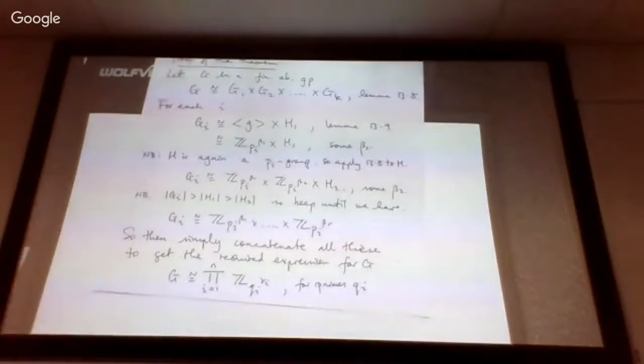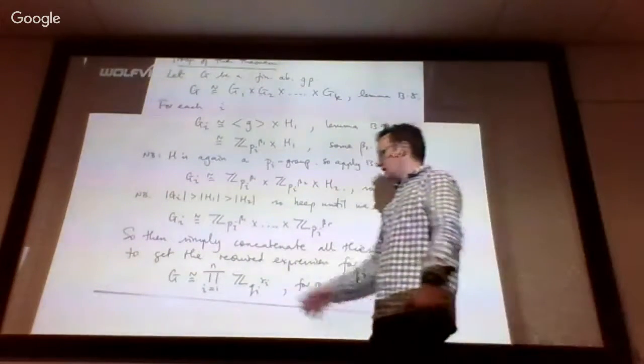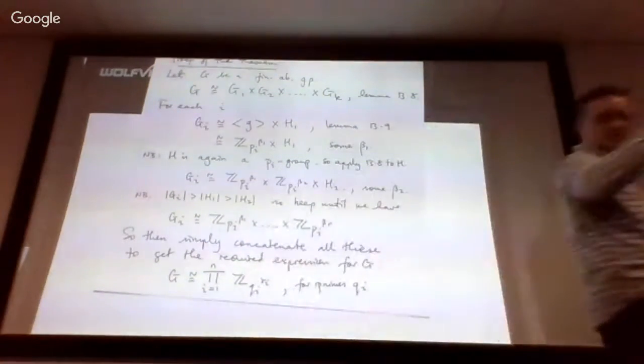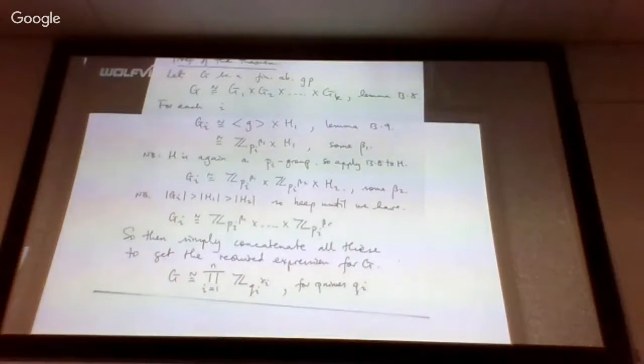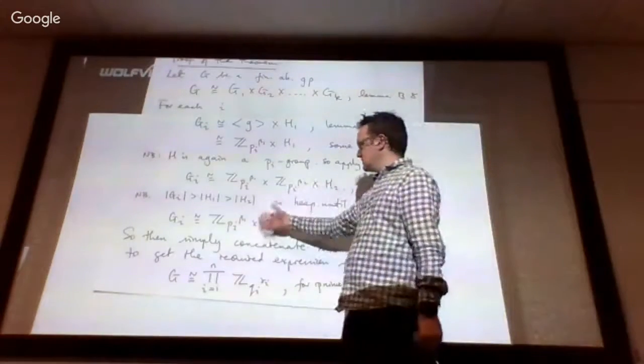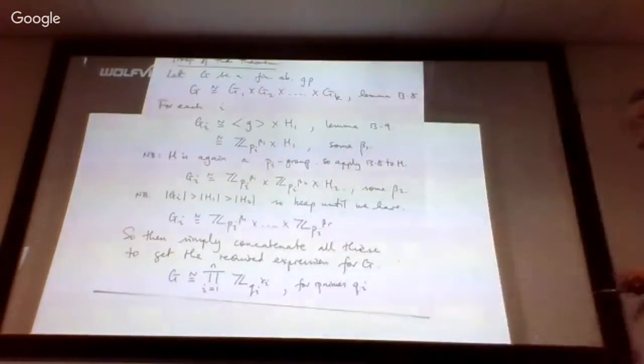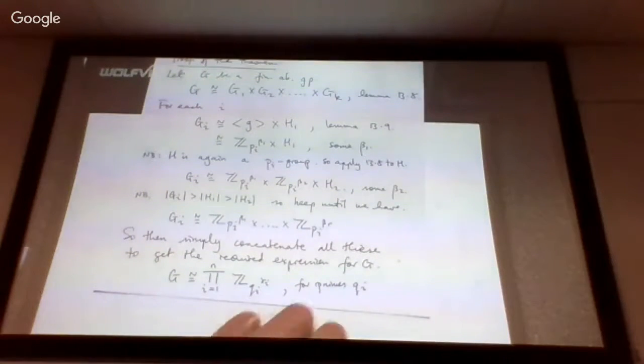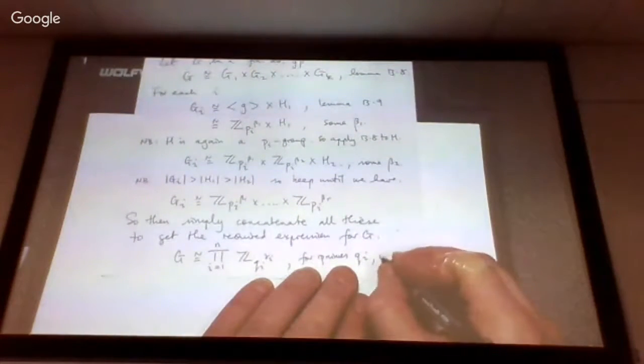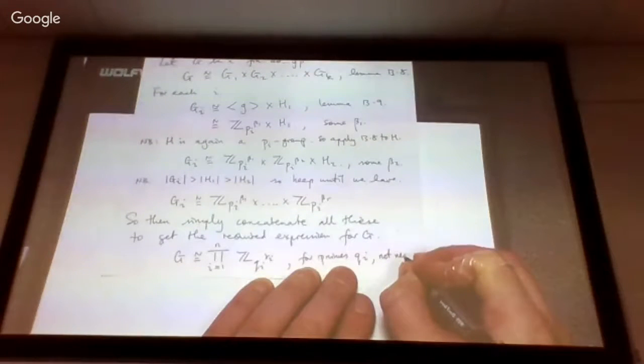Normally we're used to from number theory, whenever we see products of primes indexed by things, we normally take that the primes are distinct, but in this one it's not. The prime p_i is repeated in a number of positions in the direct product expression for the ith primary component. So this is for primes q_i, not necessarily distinct.